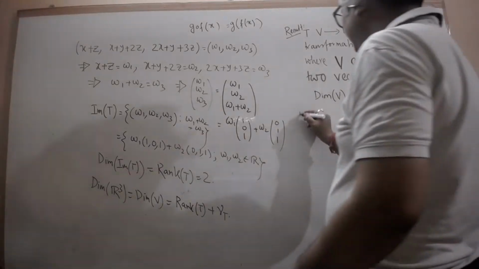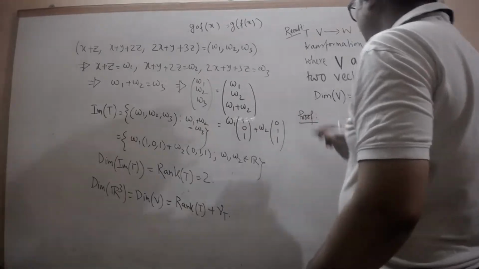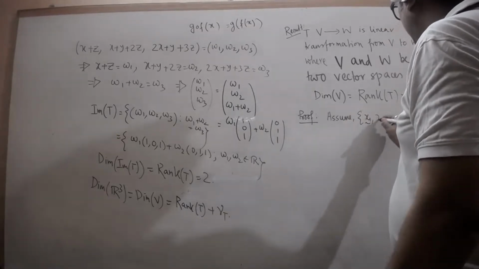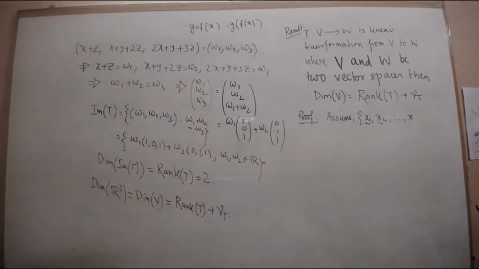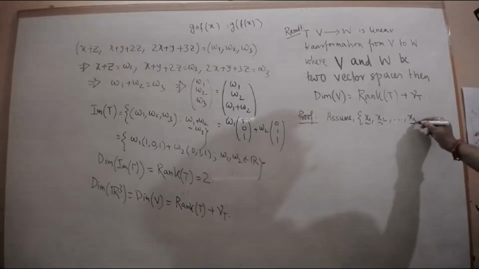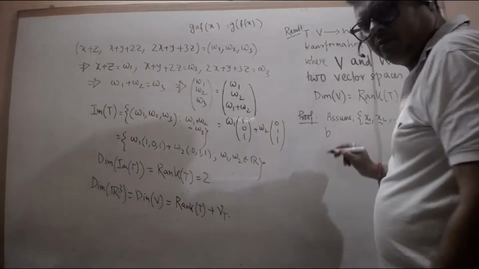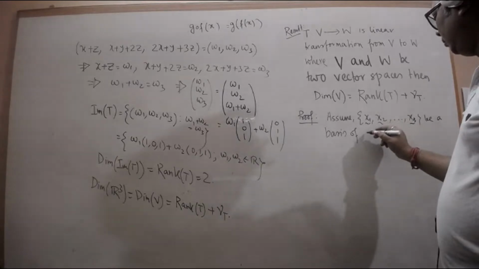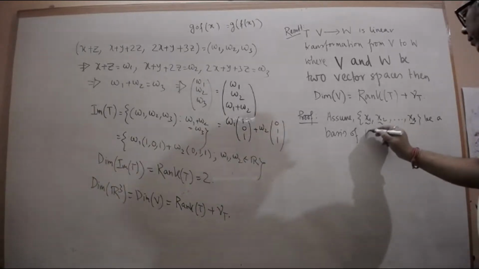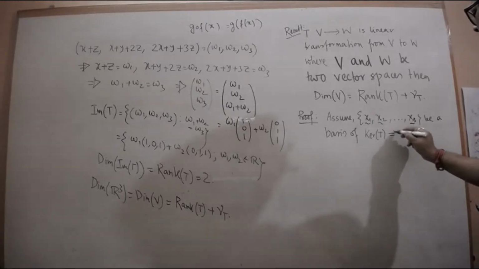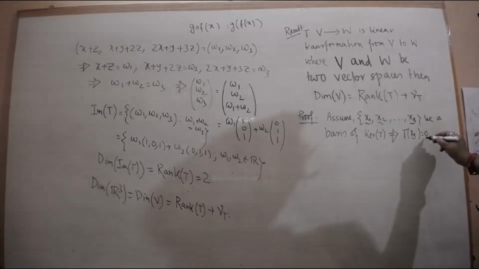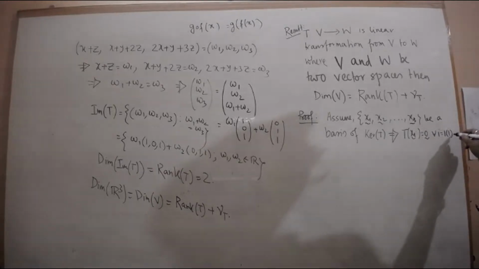So assume x1, x2, up to xs is a basis of the kernel of T. This means T of xi equals 0 for all i from 1 to s.